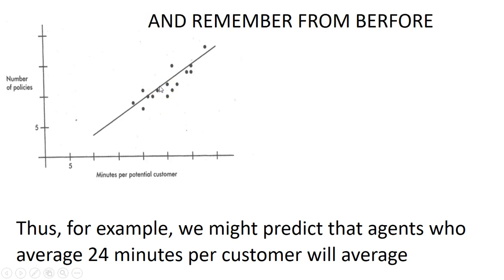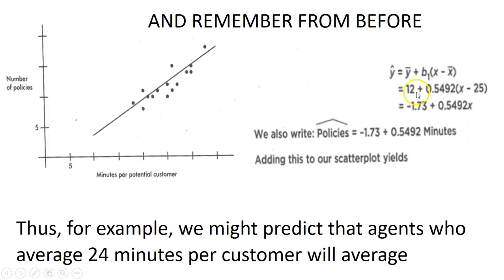And remember from before, we have this, so we already have this. That's our predicted line, and it's good for about 78%. So 78% of the number of policies can basically be explained by the minutes per potential customer.